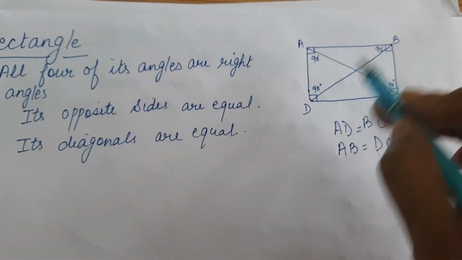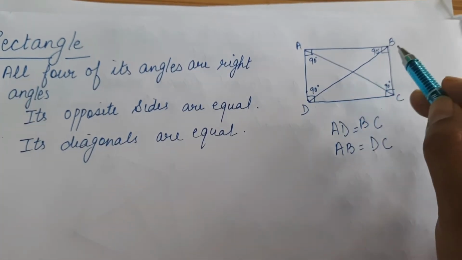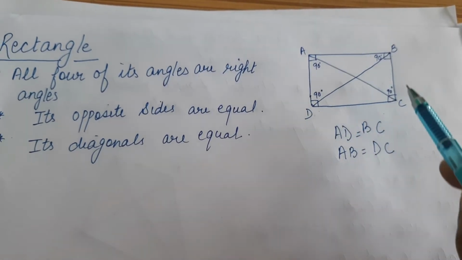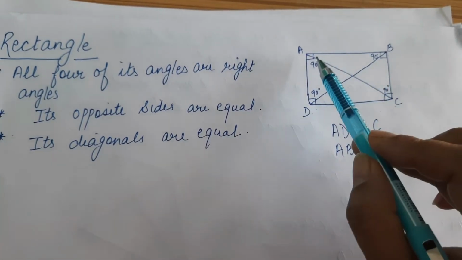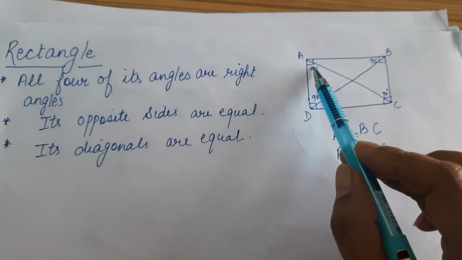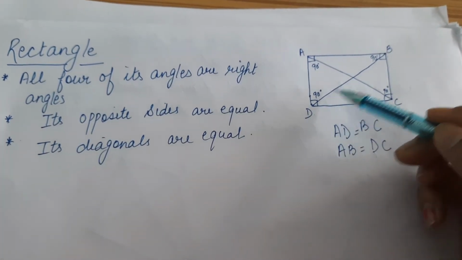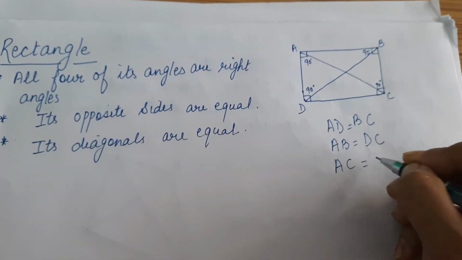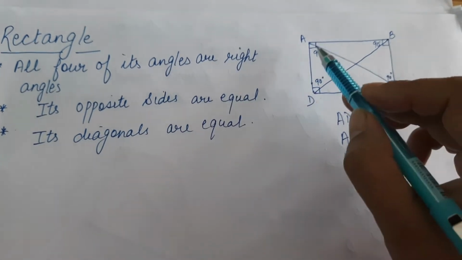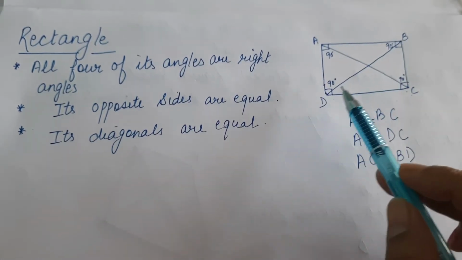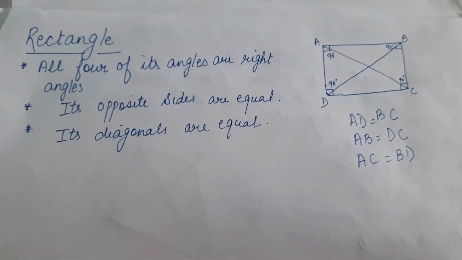Okay, the opposite sides of a rectangle are equal. All the angles are right angles and its diagonals are also equal. That means AC is equal to BD. This is the diagonal AC and this is BD, and in a rectangle the diagonals are also equal.